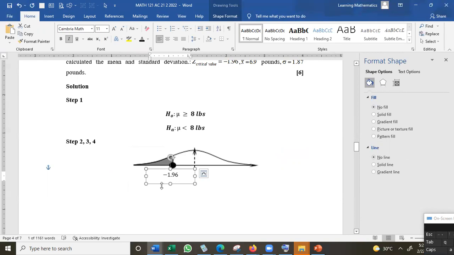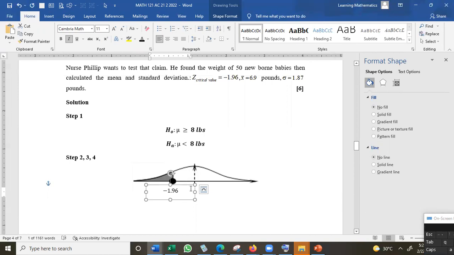So steps 2, 3, and 4 one time: normal curve pointing towards the left, so it's a left tail, and the critical value on the critical point. We keep the negative sign because in the center there is 0. For the right tail, you'll have to drop the negative sign for the critical value, because this middle line is 0.